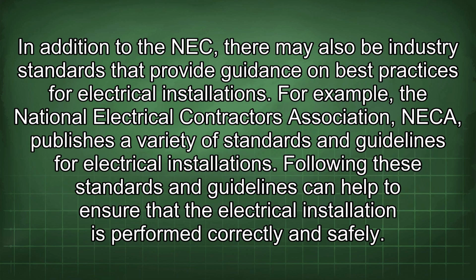In addition to the NEC, there may also be industry standards that provide guidance on best practices for electrical installations. For example, the National Electrical Contractors Association publishes a variety of standards and guidelines for electrical installations. Following these standards and guidelines can help to ensure that the electrical installation is performed correctly and safely.